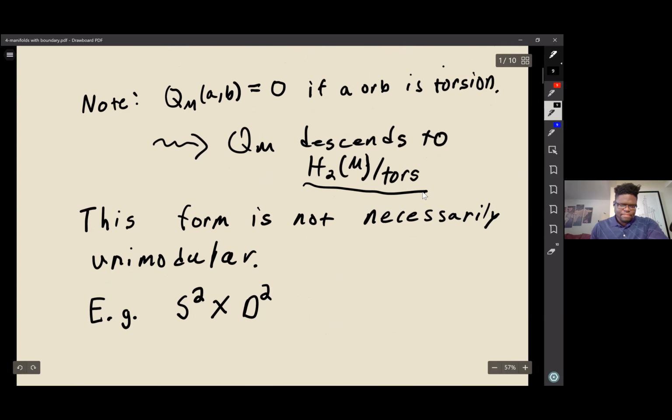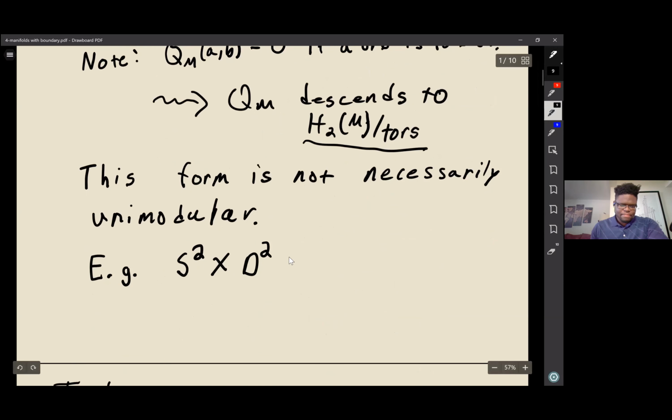And this form is not necessarily unimodular. That is, if we have a matrix representation for this form, it's not necessarily going to have determinant plus or minus 1. For instance, we can look at this four manifold S2 times D2. And the surface S2 times 0 generates second homology.